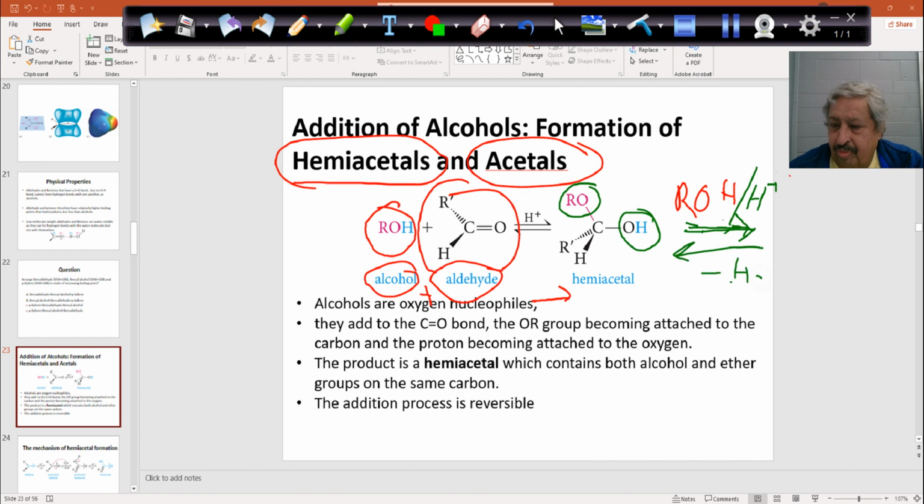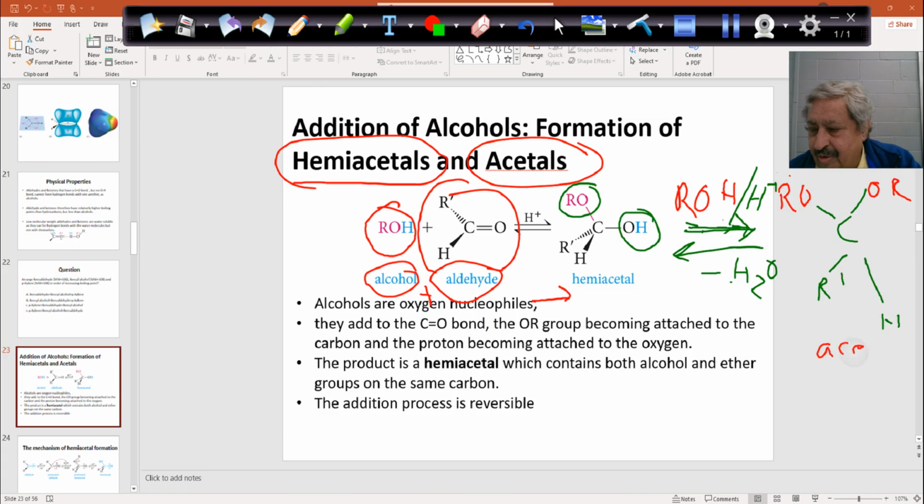Minus H2O, I'm getting carbon C with R prime, H here, and then here I have OR and an OR. That's called an acetal.